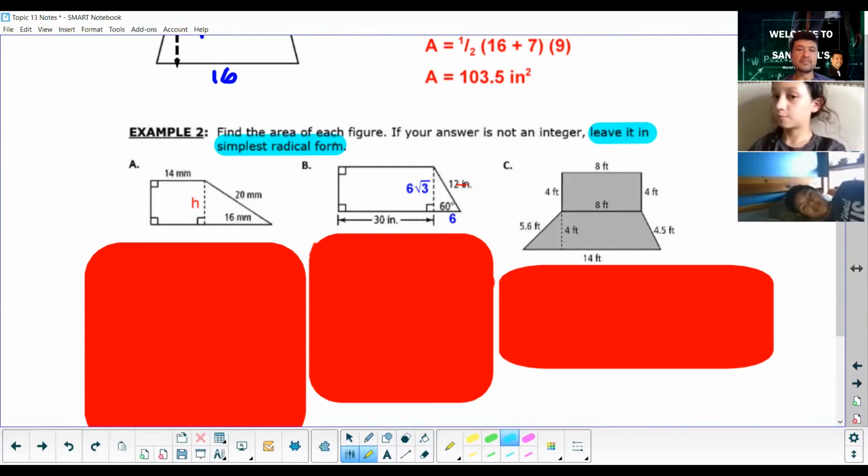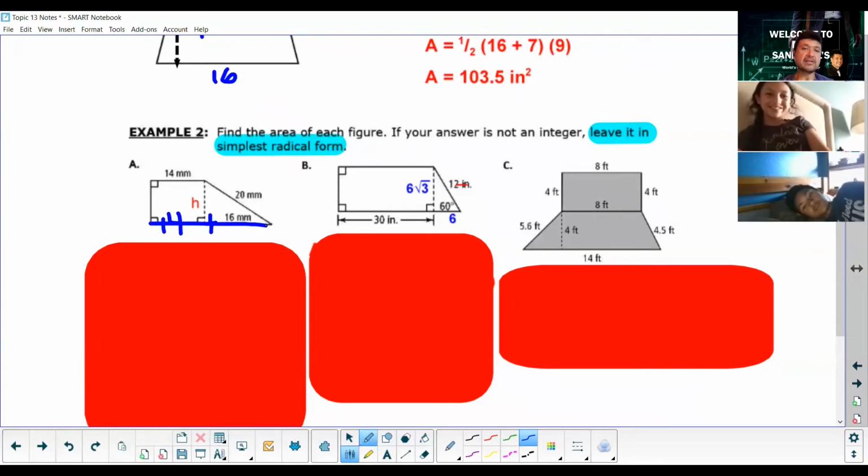Okay, so you do 14 plus 30 to get the second base. Okay, I think you jumped a little ahead. How did you get to 30? Well, I just added 14 plus 16. Yeah, excellent. So you added the 14 and 16, so you added the whole base, right? So you made the discovery, that was 30.